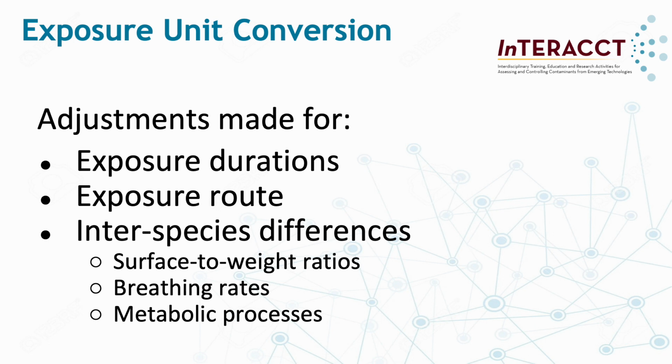And finally, interspecies differences arise because of a variety of biological differences, and there are different ways that these are accounted for in the conversion. Some things that might be accounted for include the surface-to-weight ratios of animals to humans, different breathing rates of the different species, or other metabolic processes.